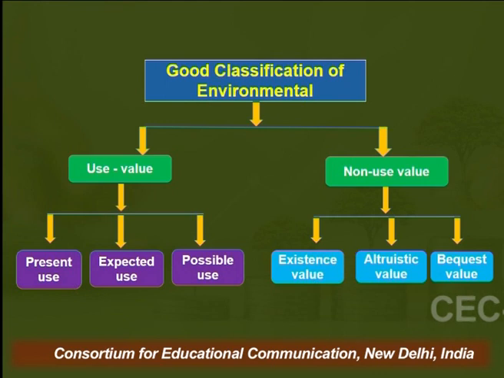Non-use value can also be of three separate varieties. It could be because of existence value, because of altruistic value, and finally a bequest value. As the names suggest, they reflect their individual meanings.